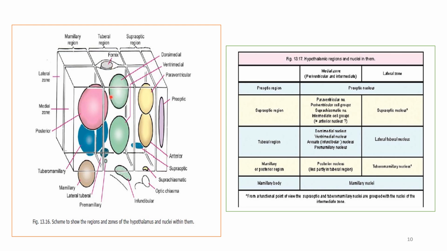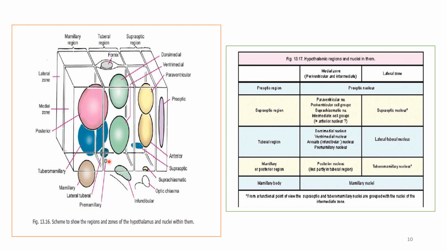Then coming to the tuberal region. This is supraoptic region, this is tuberal region. Tuberal region has medially dorsomedial nucleus, ventromedial nucleus, then you have infundibular nucleus, or arcuate nucleus, and premammillary nucleus.